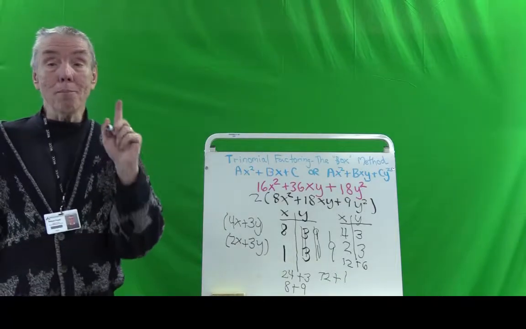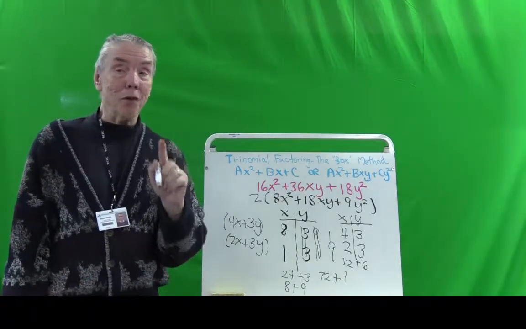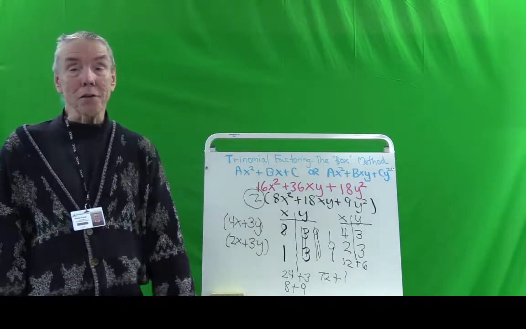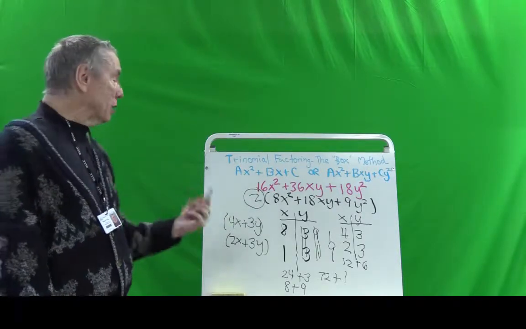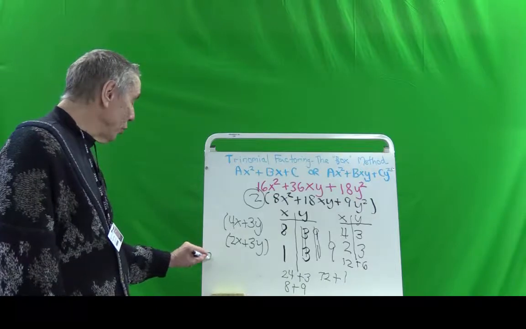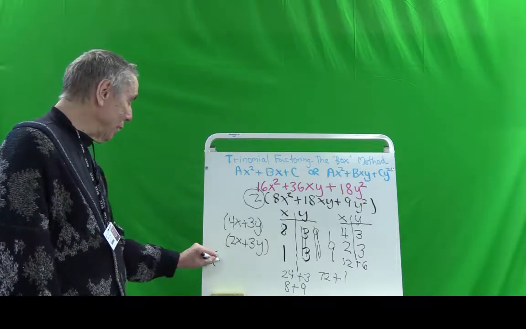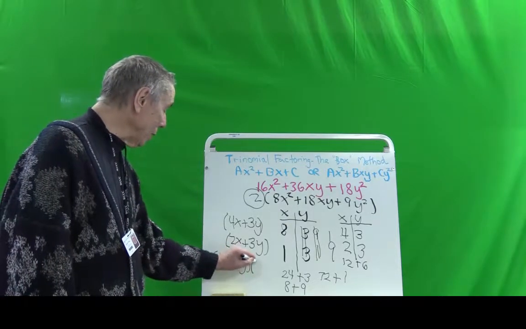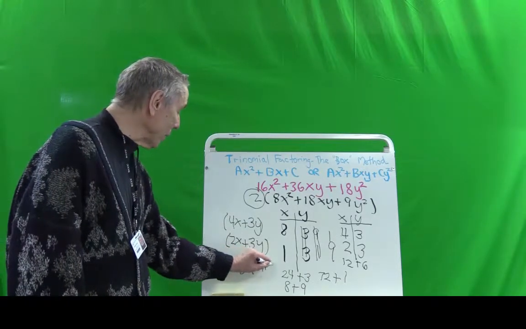But right now I'm missing a factor that's very important, and that would be the first factor that we found. So the actual answer is 2 multiplied by 4x plus 3y multiplied by 2x plus 3y.